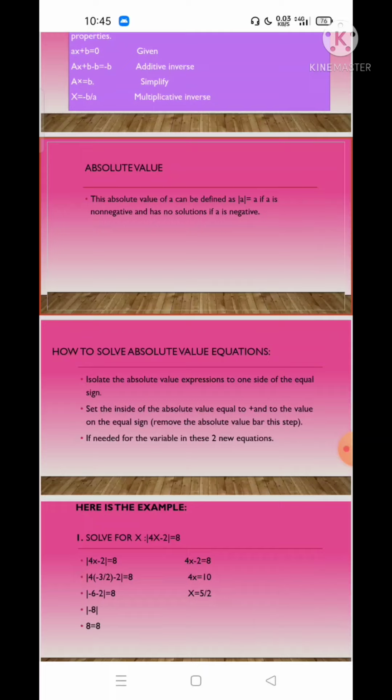So they have the same sign, so we need to add. And then the answer is -8. So you need to copy the sign of the bigger number. So -8, and then the answer is 8 = 8.